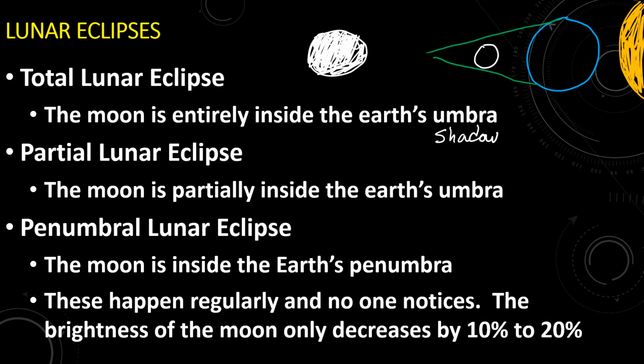So as the Earth's shadow goes over it, it will darken a little bit, and then you'll start seeing it turning an orangish color as it goes.